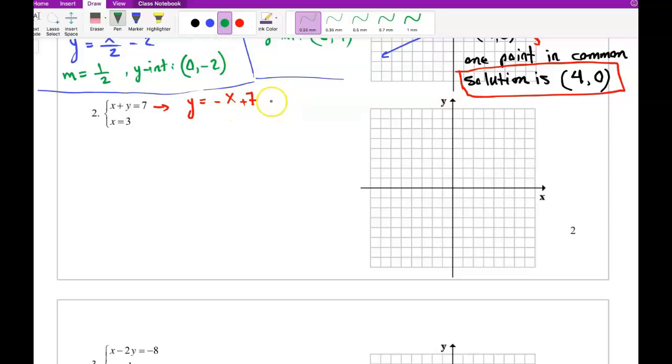What I have here is m is negative 1, or we can write negative 1 over 1 or positive 1 over negative 1. The y-intercept is (0, 7). Now graphing it, finding (0, 7), then using this slope, we have negative 1, positive 1. Now connect these 2 points.